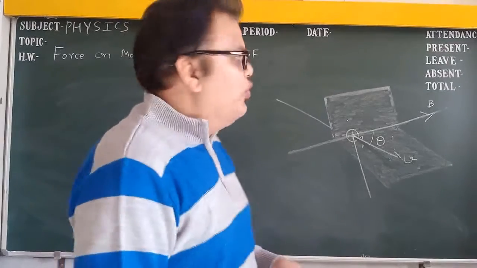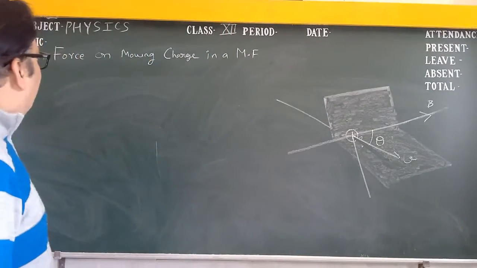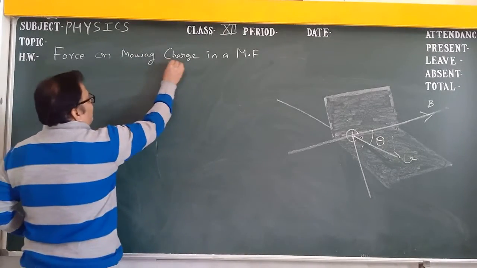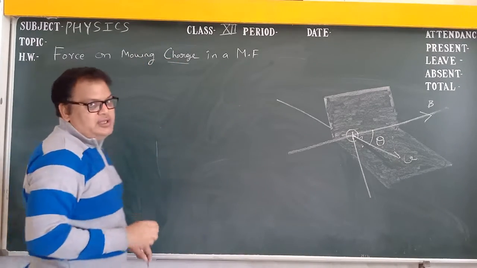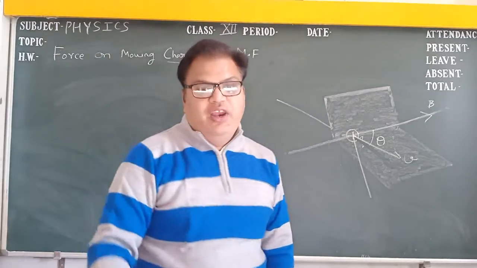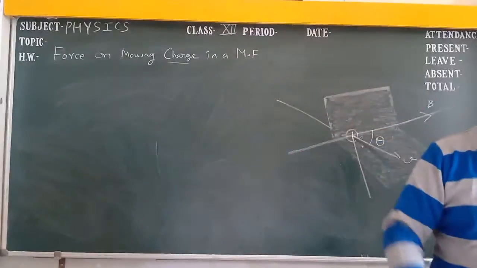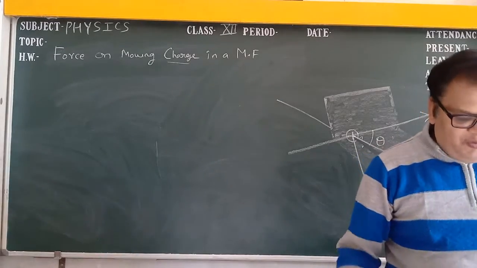But what happens to the force on a charge when it is in motion in a magnetic field? A charged particle is in motion in a magnetic field, then what will happen?